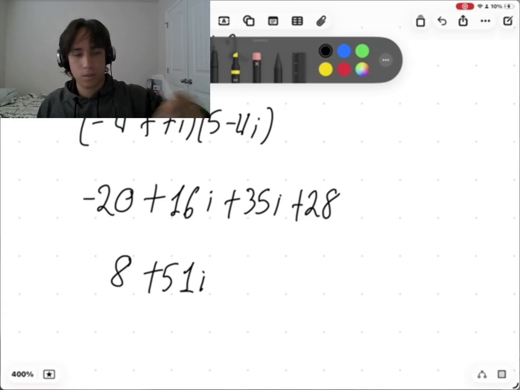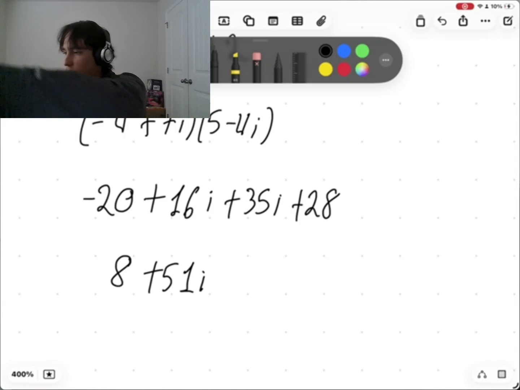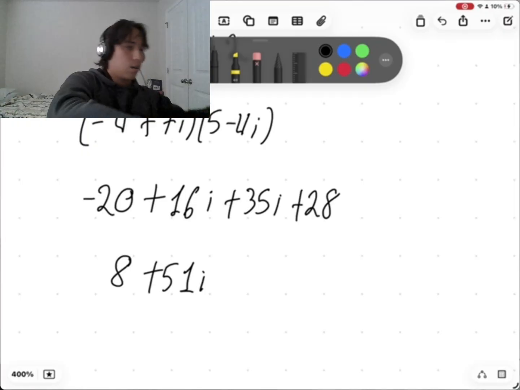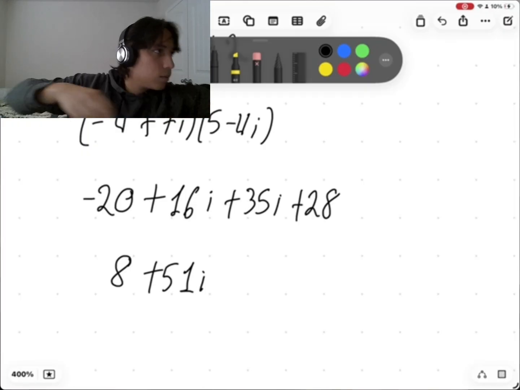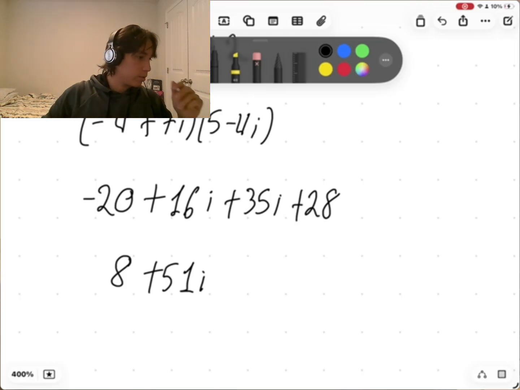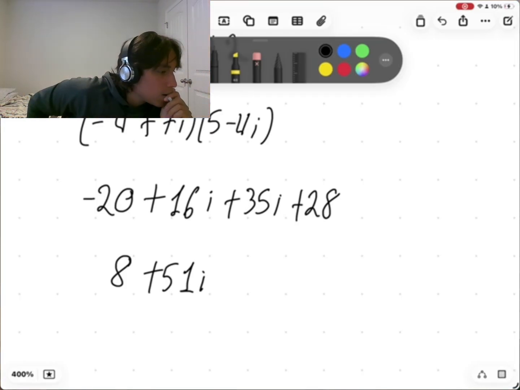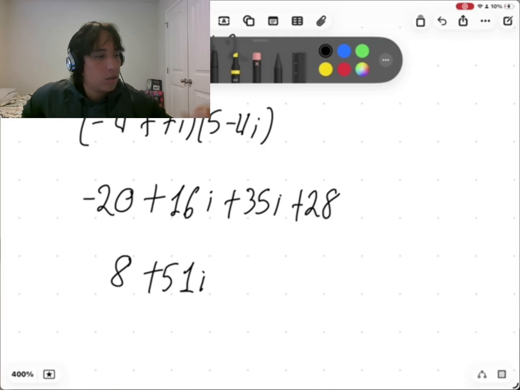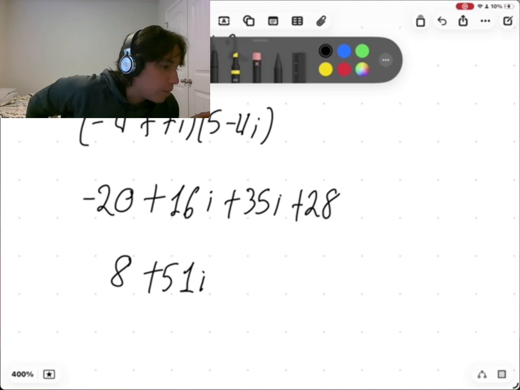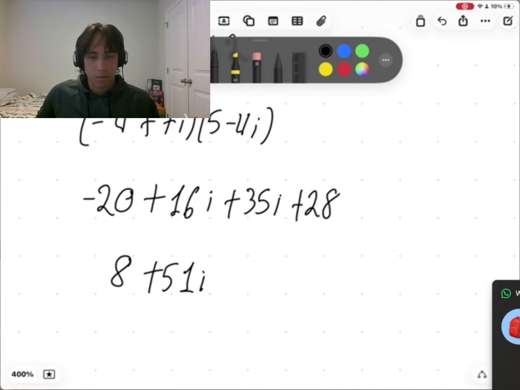So now what comes next? I'm going to move this over because I can't quite see the numbers. So yeah, it shows another method.